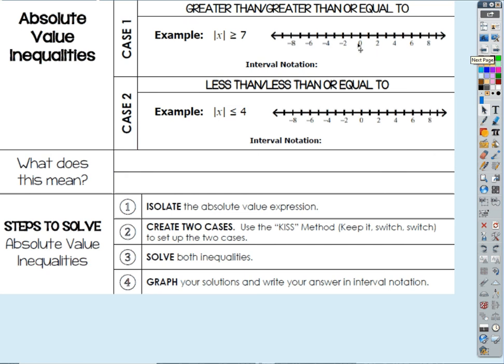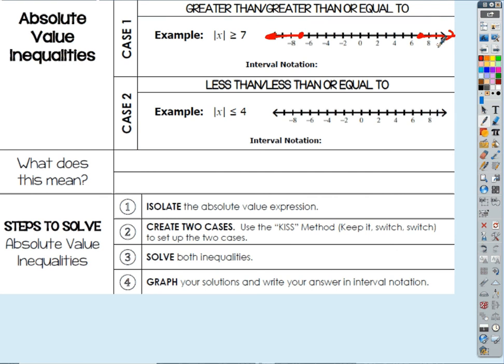So if the absolute value of x means a distance, and we want all the places where the distance between x and 0 is greater than or equal to 7, those are big distances, not small distances, right? So that makes sense. We want the places where the distance away from the center is greater than 7.